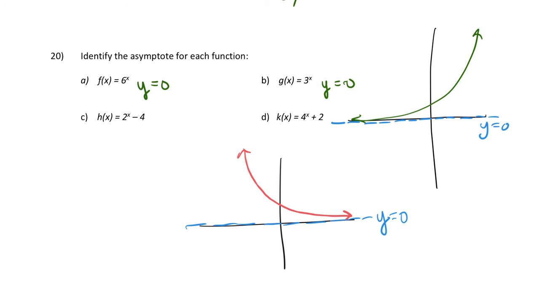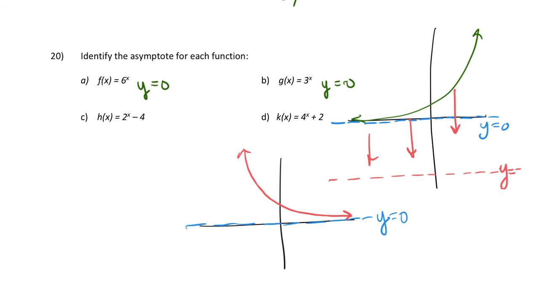So when you do have the vertical shifting, so part C, we have h of x equals 2 to the x with this -4 on the end. This -4 on the end is going to take your function and move everything down 4 units, including your asymptote. So your asymptote shifts down the same amount as the entire graph.